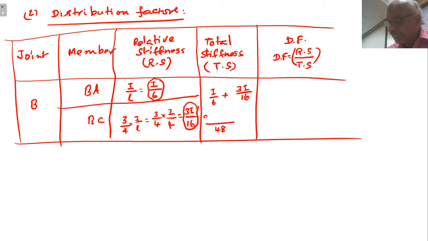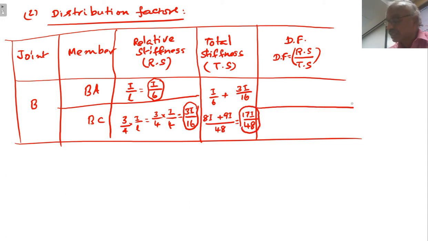So this will become 8I, because the denominator is 6, plus 3 into 3, 9I, equal to 17I by 48. 17I by 48 is the total stiffness.